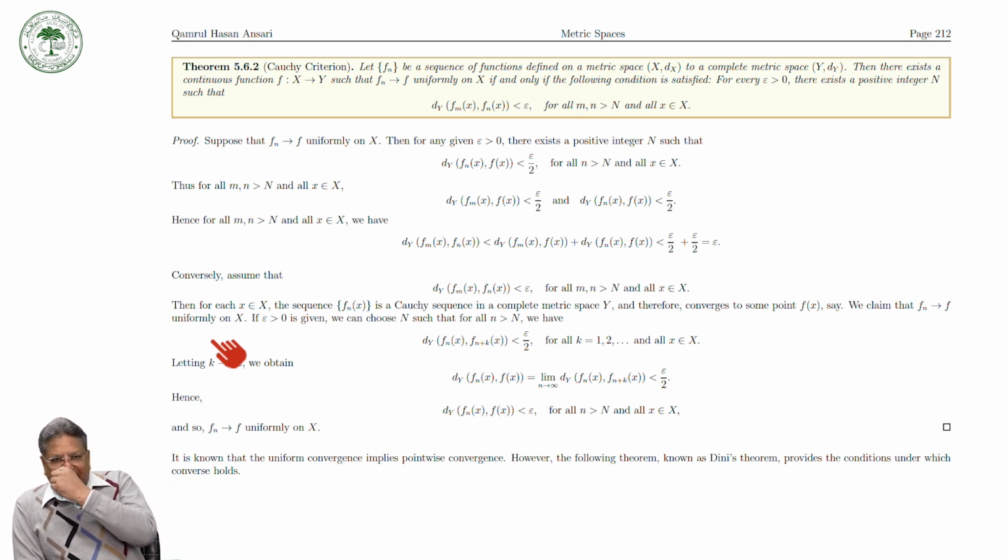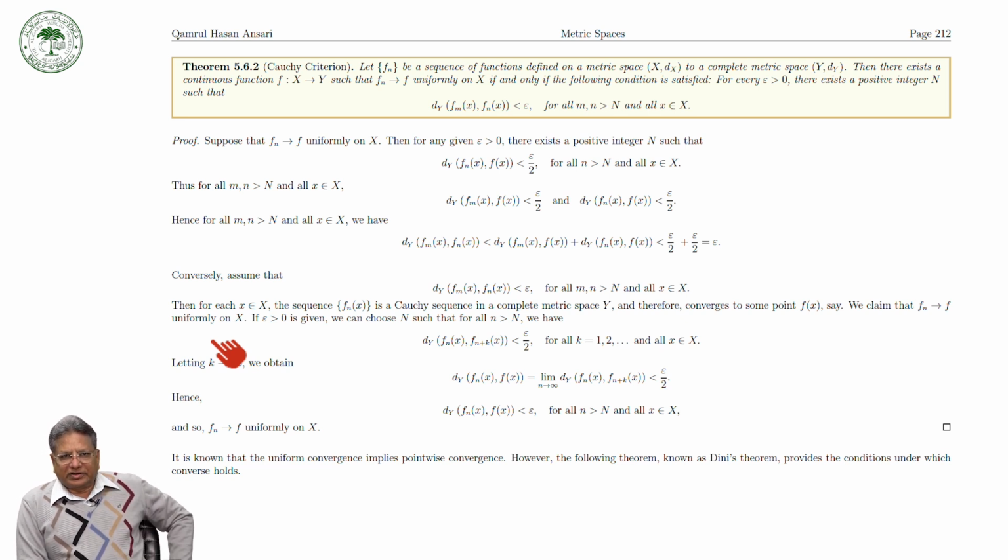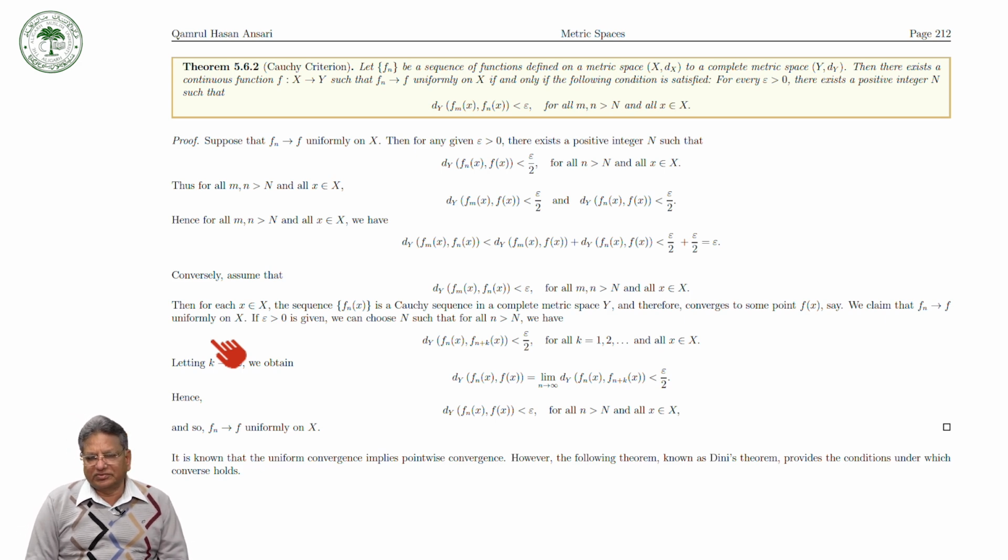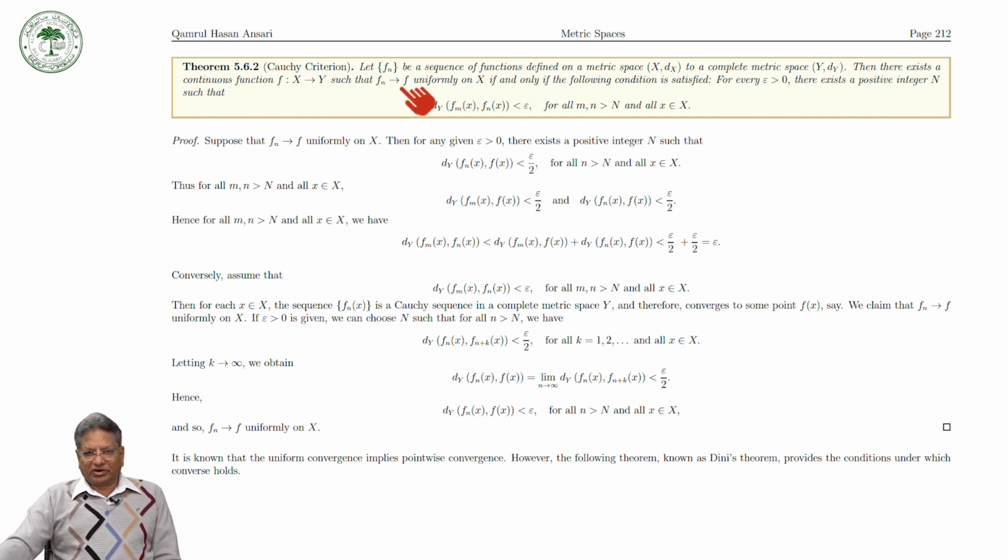So the Cauchy criterion says that if you have a sequence, let us take Fn to be a sequence of functions defined from a metric space X to a complete metric space Y. Then there exists a continuous function F from X to Y such that Fn converges to F uniformly if and only if the following condition holds good.